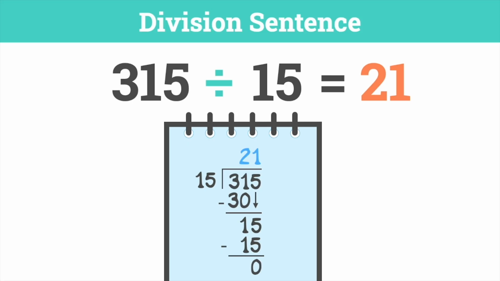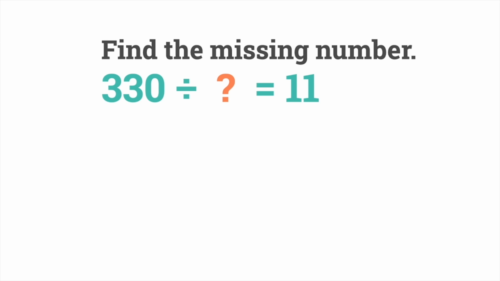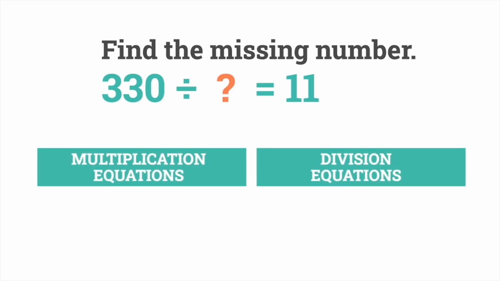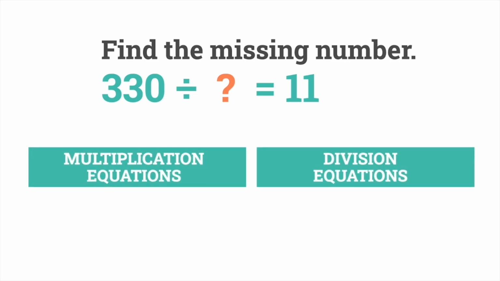So we're done dividing. That means our missing number is 21. But what if the missing number isn't the quotient? Let's find the missing number in this division sentence. 330 divided by a missing number equals 11. In this situation, our missing number is our divisor. Thankfully, we know how fact families work, and we know there is a relationship between these numbers.